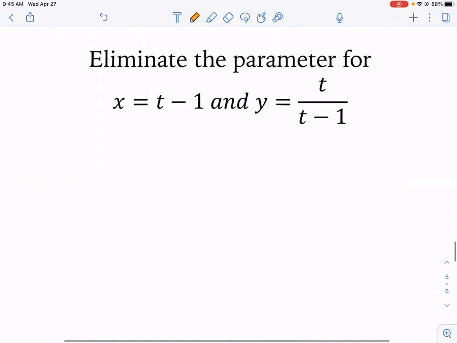Okay, write this down. Y equals 1. How is that y equals 1?